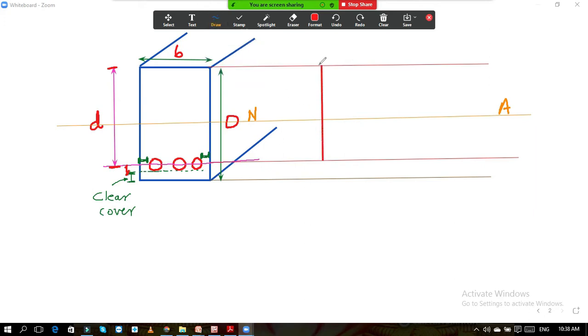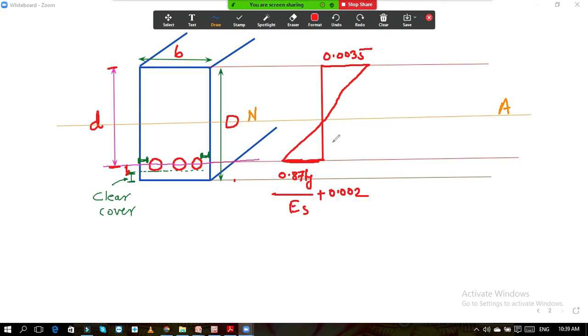Now I will draw the freehand sketch. It is like this. At this point, here you will get the maximum tensile strain. This is your 0.0035, but at this point it is 0.87 Fy divided by Es plus 0.002. This is the maximum tensile strain at this point, not at this point.